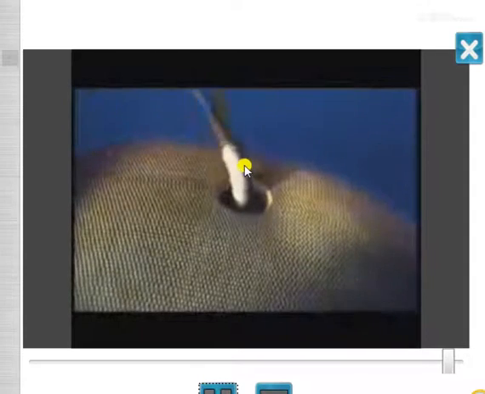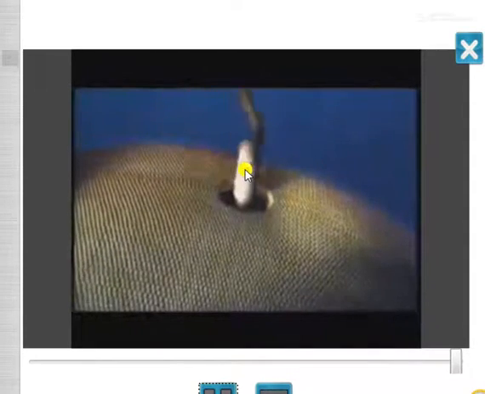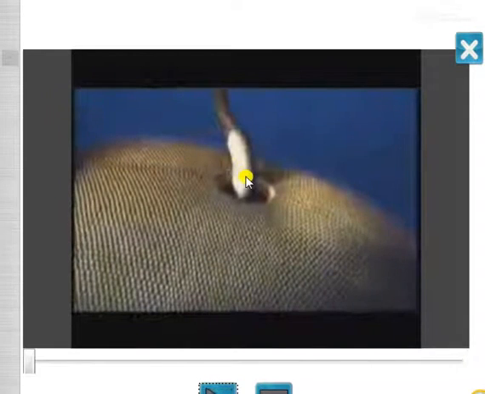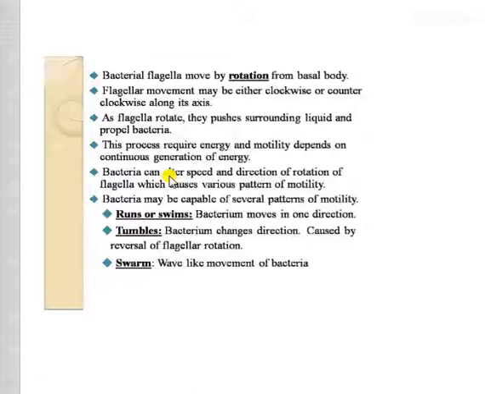And because of that wave-like motion, it propels the surrounding water in the backward direction and pushes the bacteria in the forward direction. So this is the mechanism of bacterial movement.